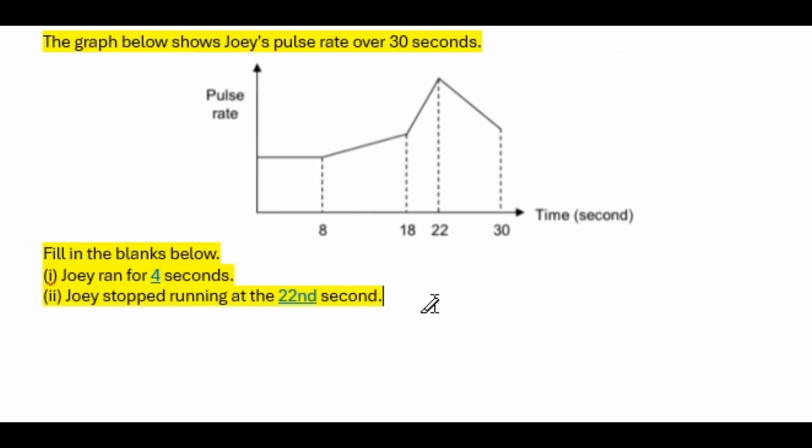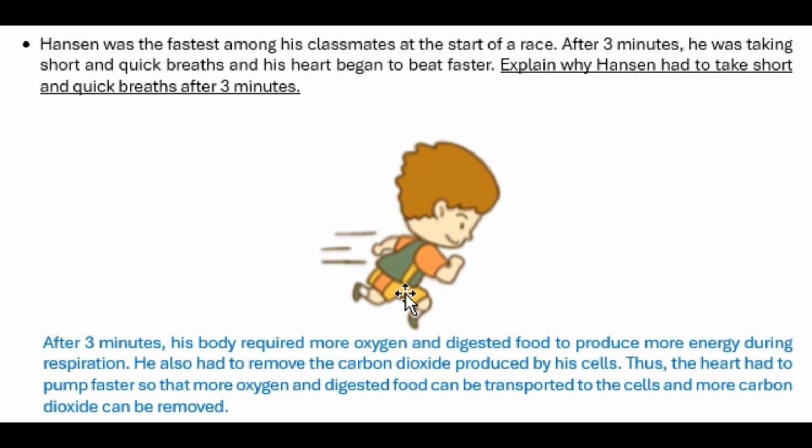Hansen was the fastest among his classmates at the start of a race. After 3 minutes, he was taking short and quick breaths and his heart began to beat faster. Explain why Hansen had to take short and quick breaths after 3 minutes.